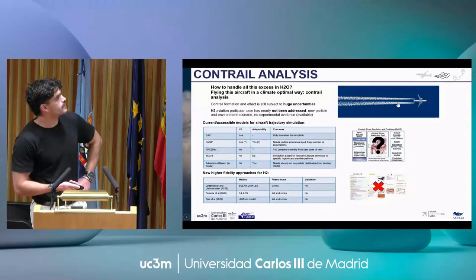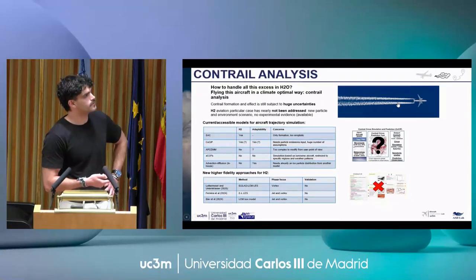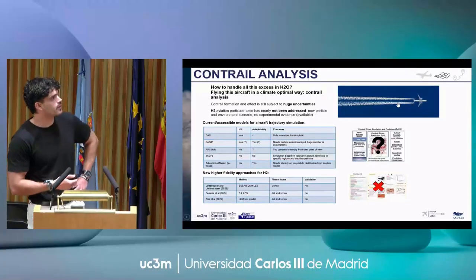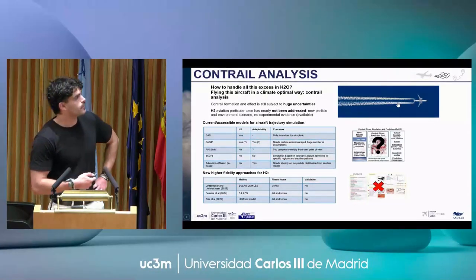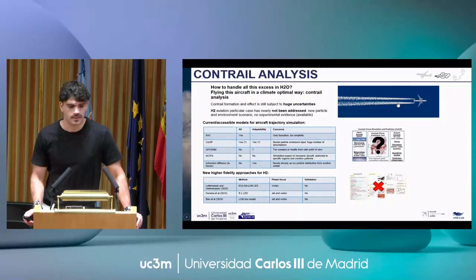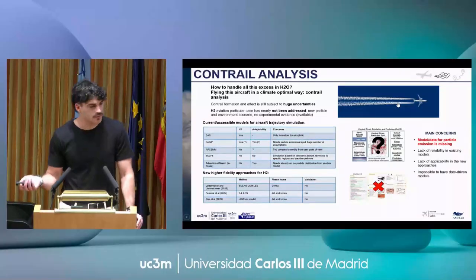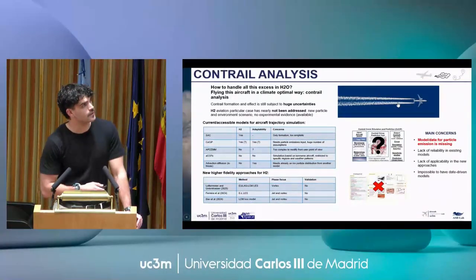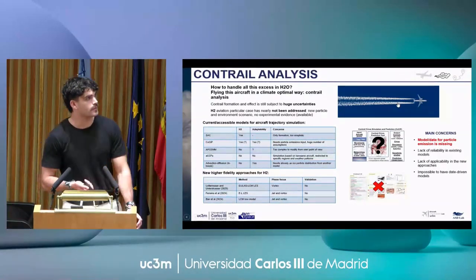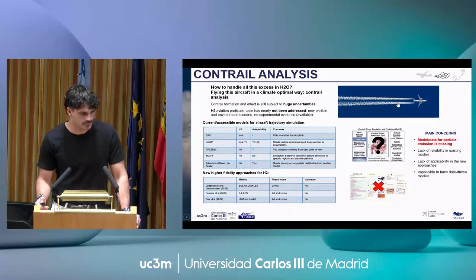There have been also recently new high fidelity works and approaches for computing different parameters of the hydrogen contrail. They are more high fidelity and focusing on one of the phases or just one of the key performance indicators. So from this review, the main concern is that we still lack a model or data for particle emissions, and this triggers the lack of both reliability and applicability of these models.